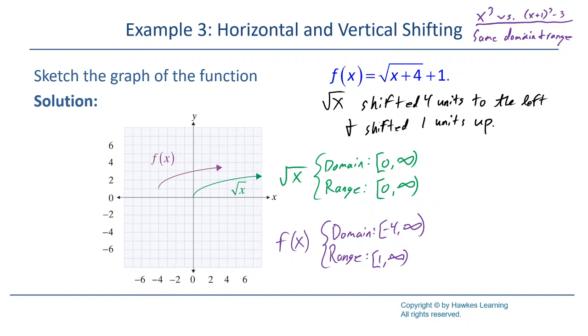So one of the easiest mistakes is to take a specific example and generalize it to your whole understanding. And that's something that can potentially happen here. Oh, well, I just added 1, so I add 1 to the range all the time. I moved to the left 4, so I subtracted 4 from the domain.